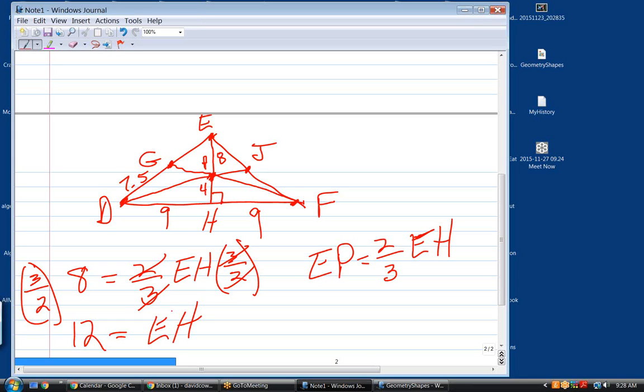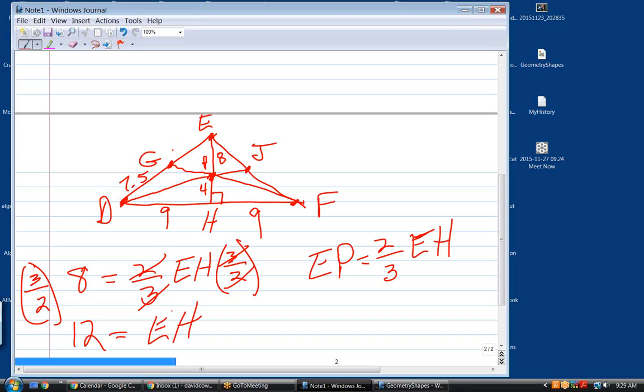Let's see. What is the length of PH? Oh, 4, we just did that. What's the length of EF? Well, what's the length of GE?